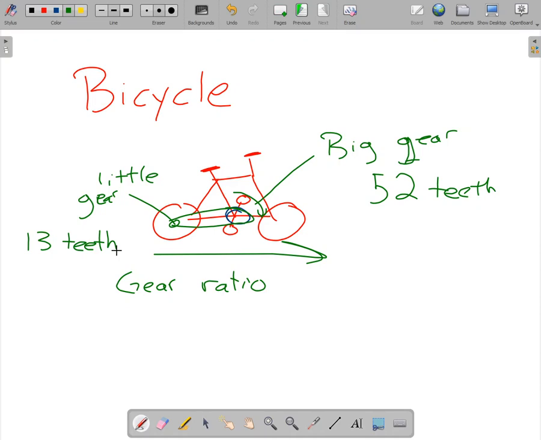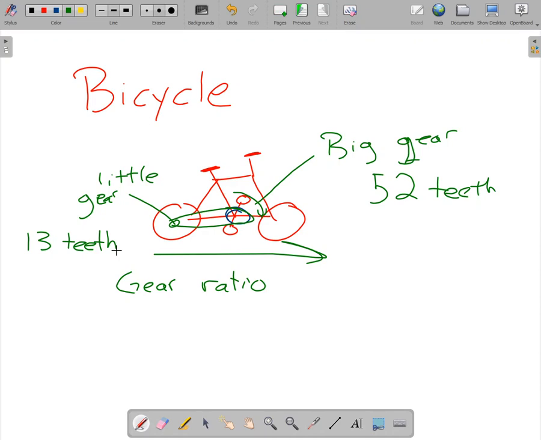And so there's a gear ratio related to that, so that every time I turn the pedals and those 52 teeth go around once, the little gear is going to be moved too, right? And that little gear is going to make the back tire move, and the back tire is going to make the whole bicycle move, right? So we have this chain of events that happens here.